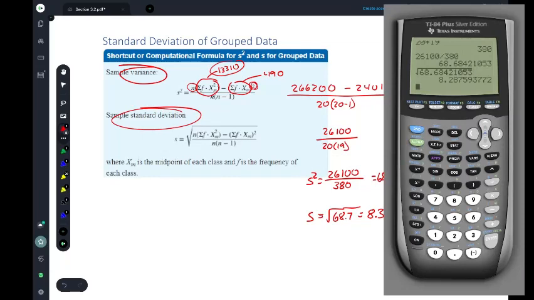8.3. Wonderful. So we know that our 20 runners had an average number of miles that they ran in a given week. And we know that each runner on average deviates about 8.3 miles away from that average. Some on the high side, some on the low side. Some deviate a little less than 8.3 miles, some deviate a little more than 8.3 miles away from the center.